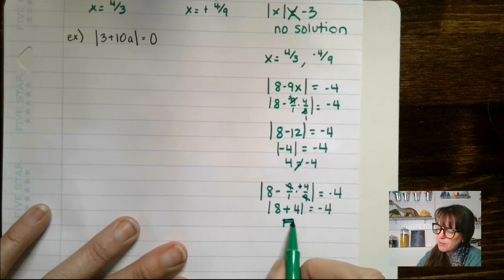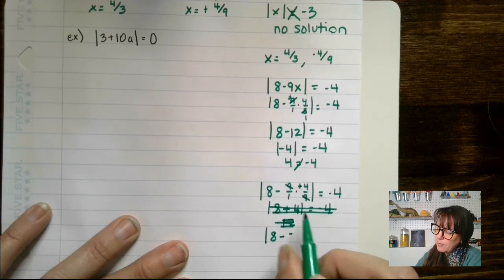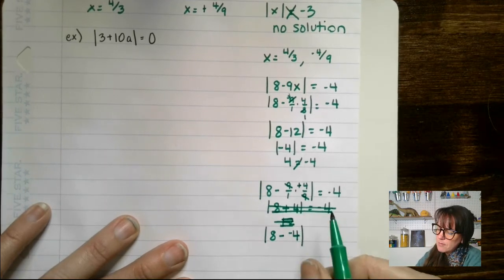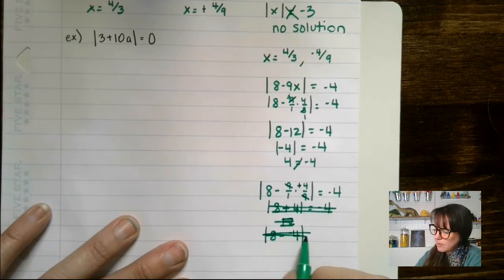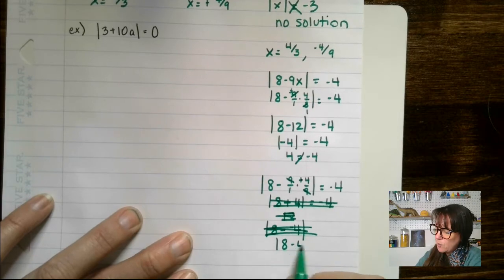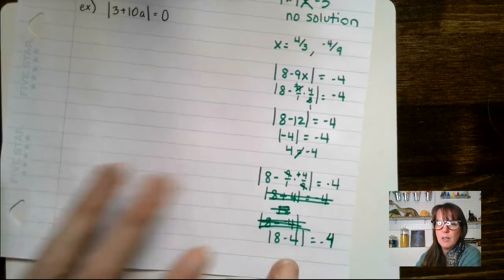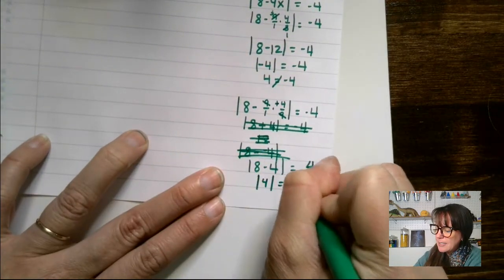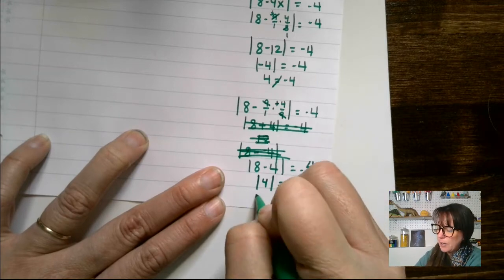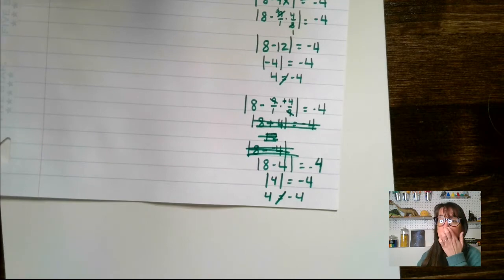My apologies. So we have 8 minus 4. Oh, it's one of those days, guys. 8 minus 4 is 4. The absolute value of 4 is negative 4. That is not true because the absolute value of 4 is 4. And so since this does not work, this is also not a solution.